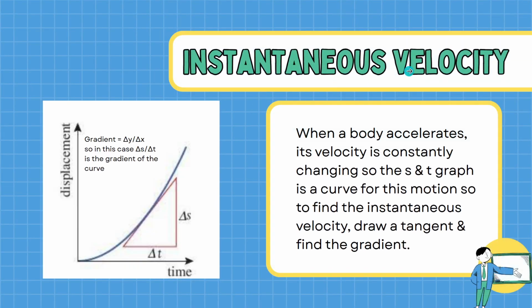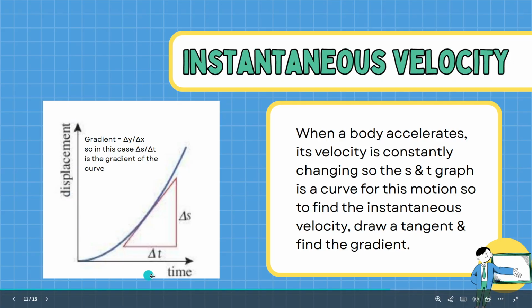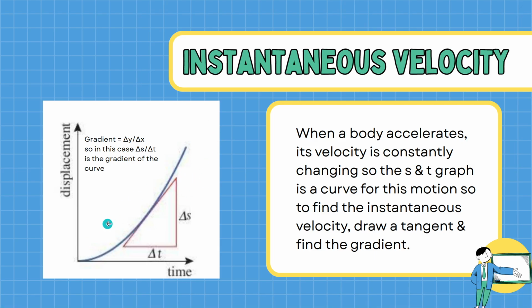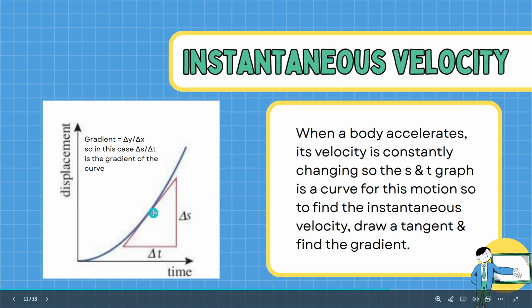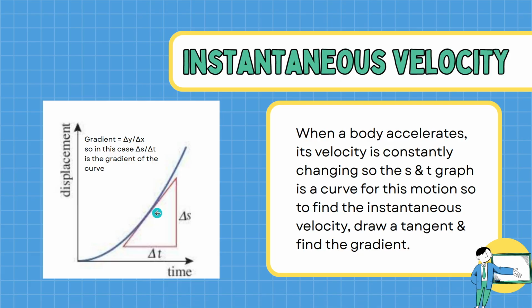Now we have instantaneous velocity, like I talked about before. Over here you can see a displacement-time graph. Let's say it's a curved line, because the body is accelerating, so it doesn't have a straight line. How would we find the velocity? Let's say I have this point over here. You can see the arrow as well, I hope.